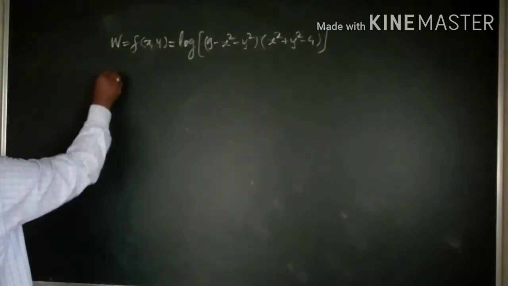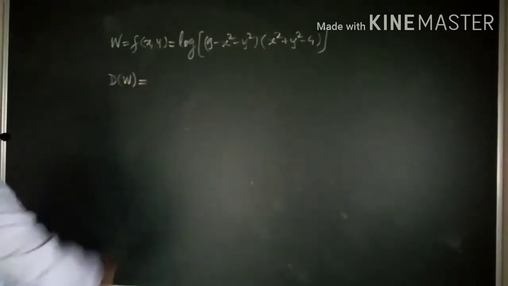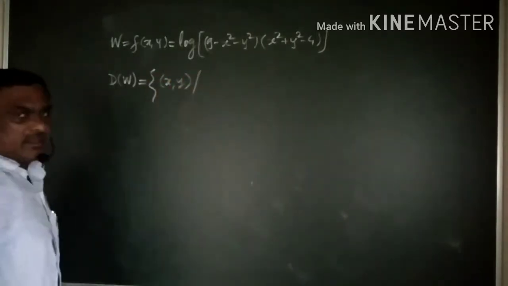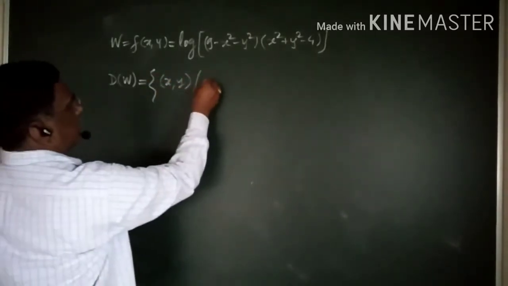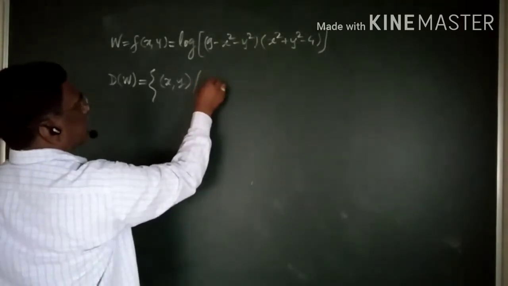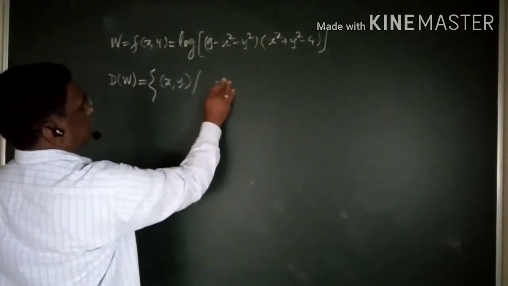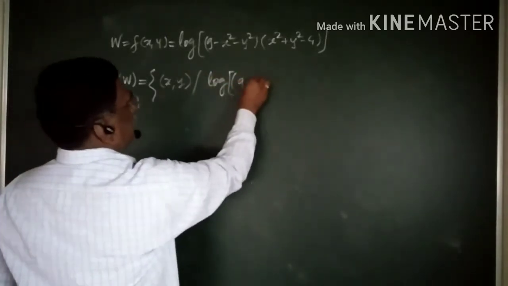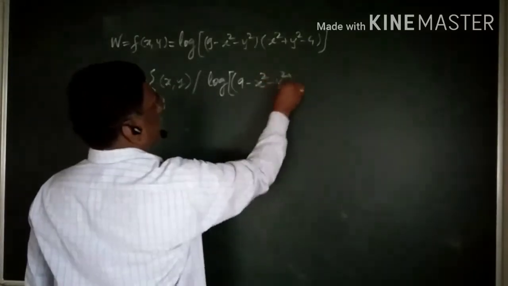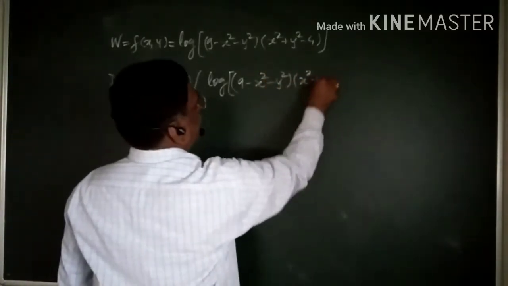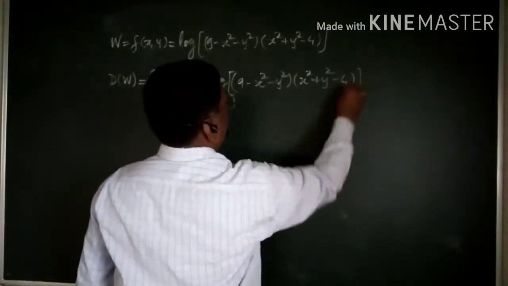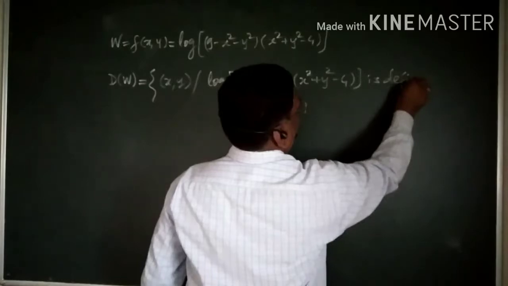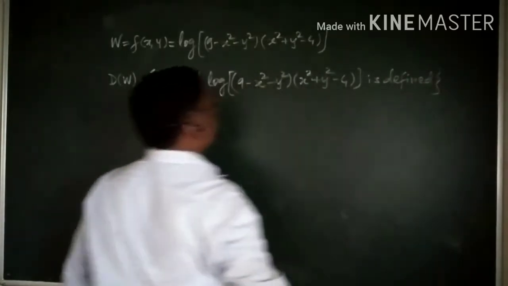Now, therefore, the domain of W, as per the definition, is the set of ordered pairs (x, y) such that ln of (9 minus x squared minus y squared) times (x squared plus y squared minus 4) is defined. This is what we have as per the definition of the domain of a function.